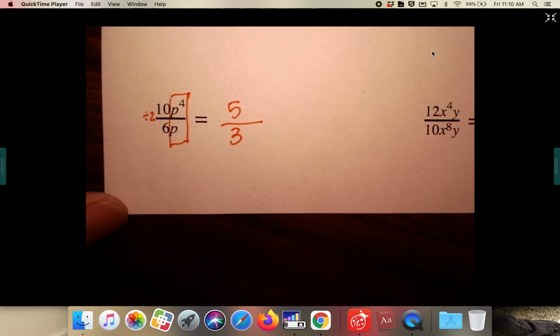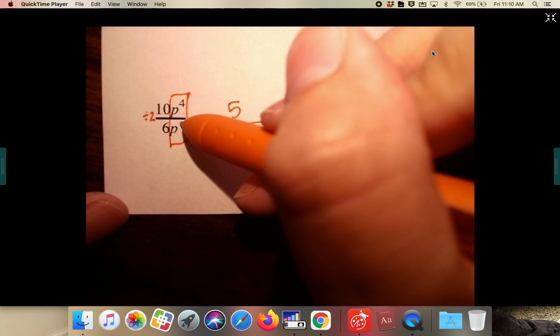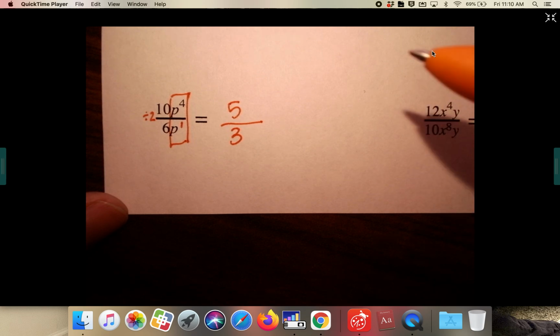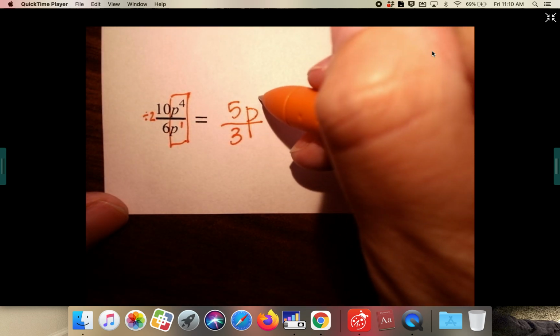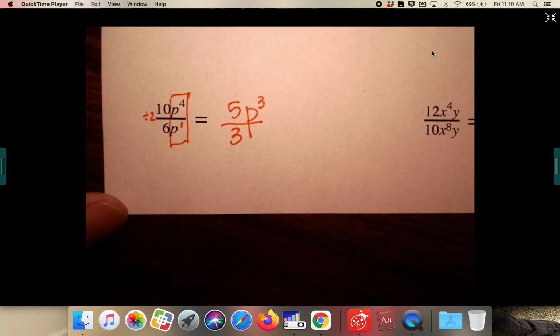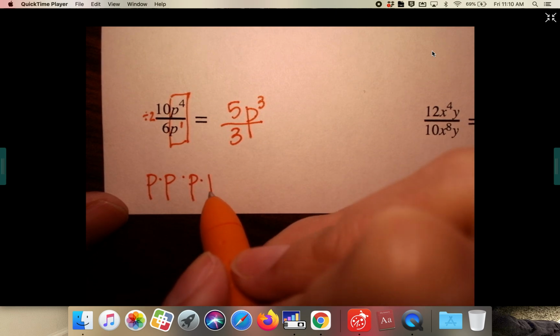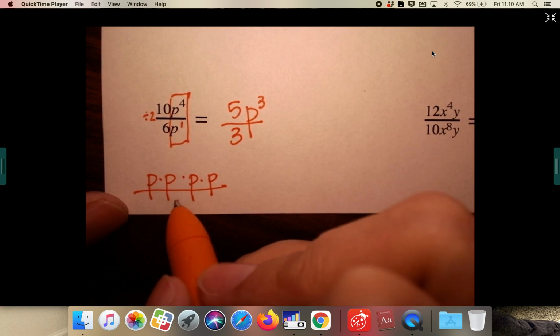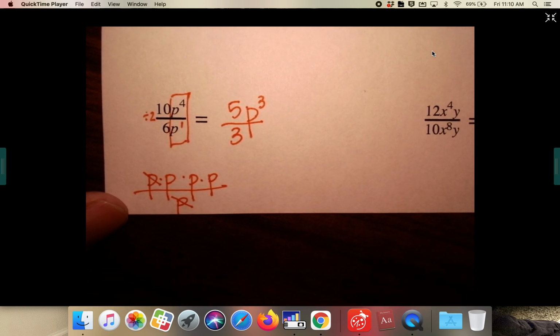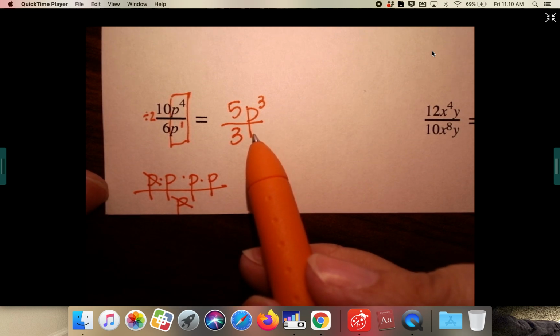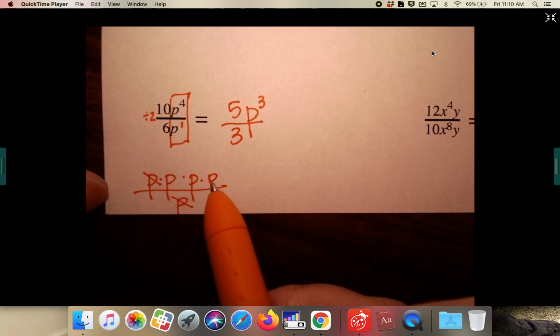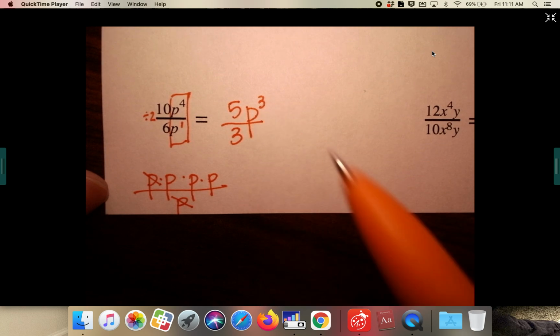So p to the 4th over p to the hidden invisible 1 means we're going to subtract. 4 minus 1 is 3. So it would be p to the 3rd. And there's no more on the bottom. Remember, if we expanded these, if we put 4 on the top and the 1 on the bottom, it would cancel out. And it would leave none on the bottom, which is why I don't have any down here. And it would leave 3 on the top, which is why I put p to the 3rd on the top.